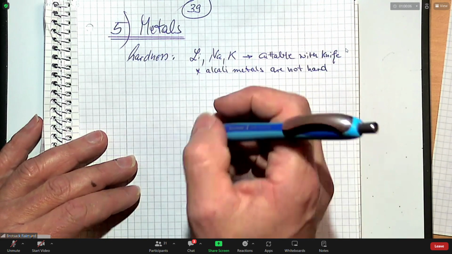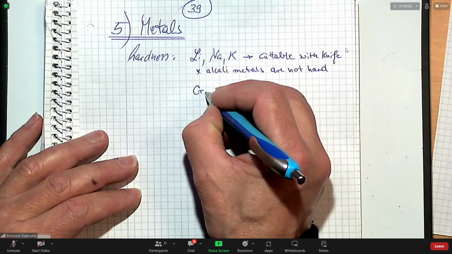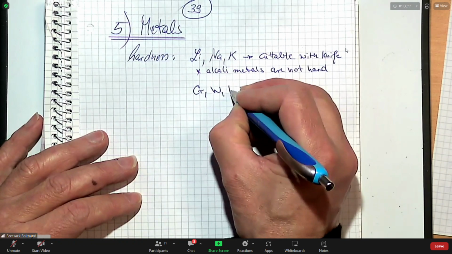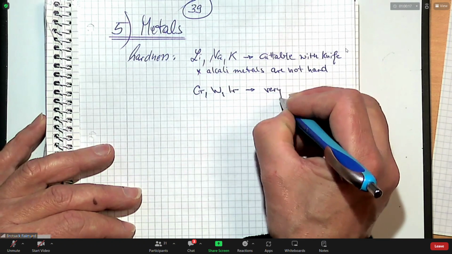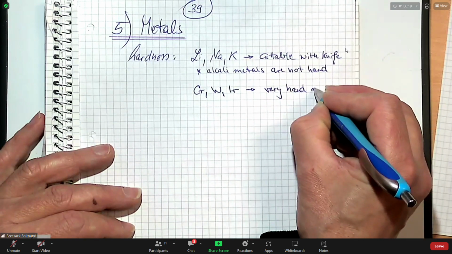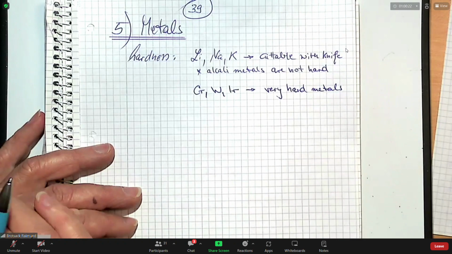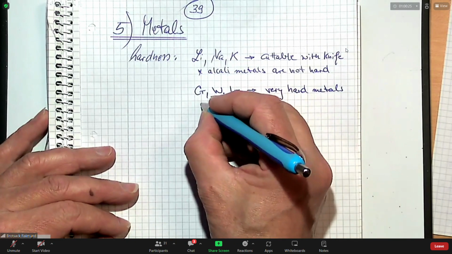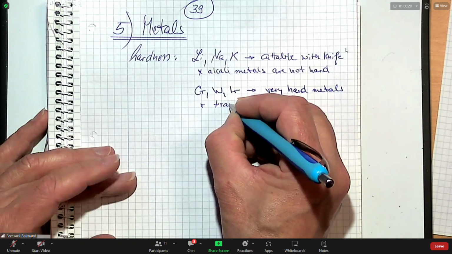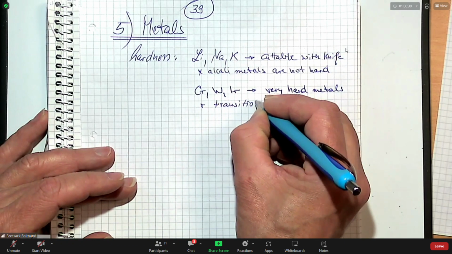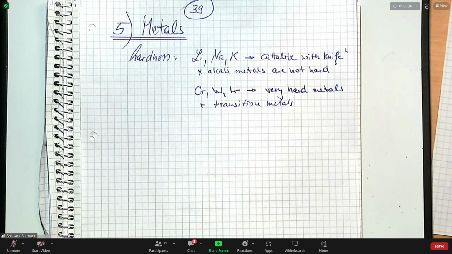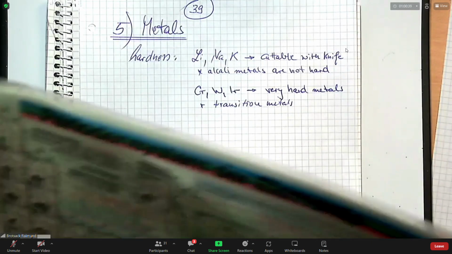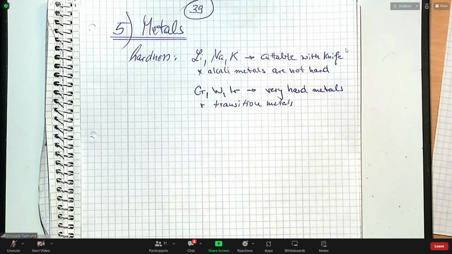Others, like, for example, chromium, tungsten, iridium, they are very hard. Very hard metals. So mostly the transition metals are very hard. If we look at our periodic table, you know where they are. Transition metals, which type of orbitals are filled up with electrons?